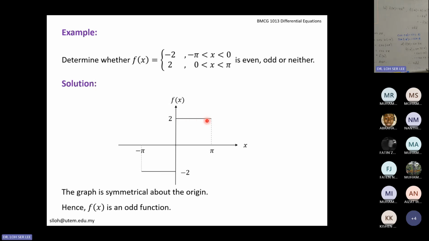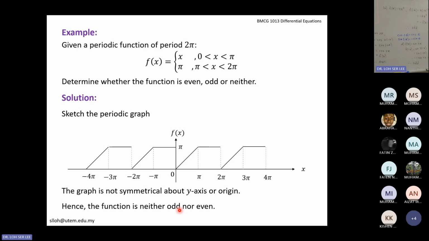When you reflect this through the y-axis, you get something here, and then you reflect this through the x-axis, you get this. So this is symmetrical about the origin. That's why f(x) is an odd function. Any questions?